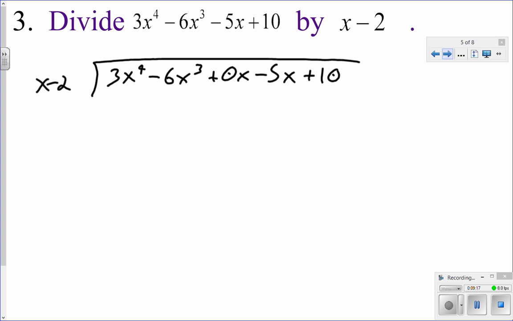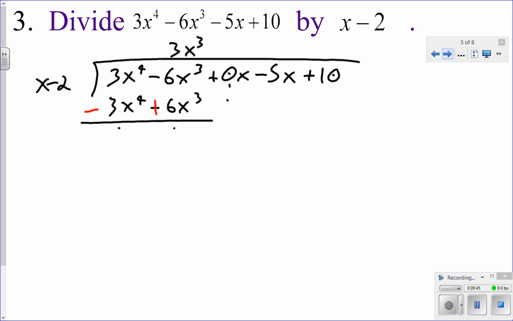So just looking at my leading term there, x goes into 3x to the 4th 3x to the 3rd times. I multiply it through, and I get 3x to the 4th minus 6x cubed. Subtract, so I'm changing the signs on both of them. This goes to 0, and this goes to 0.